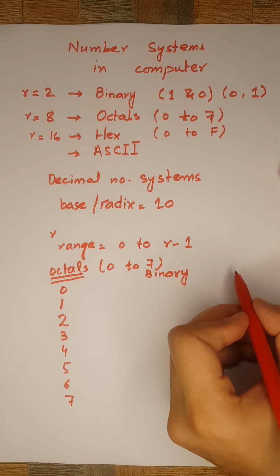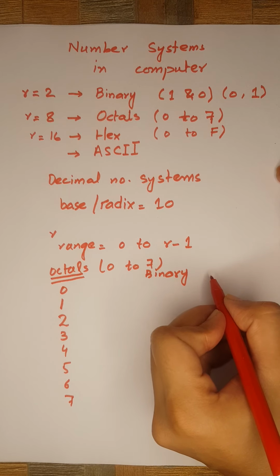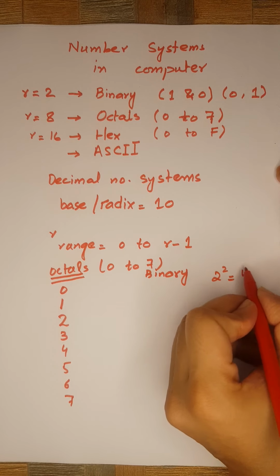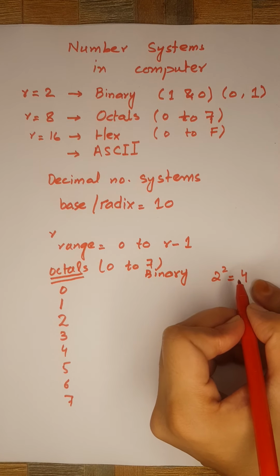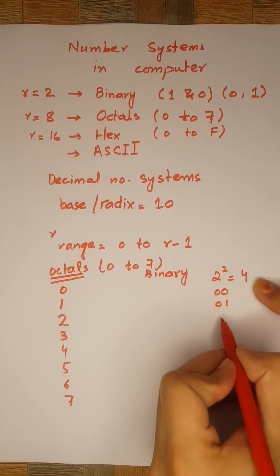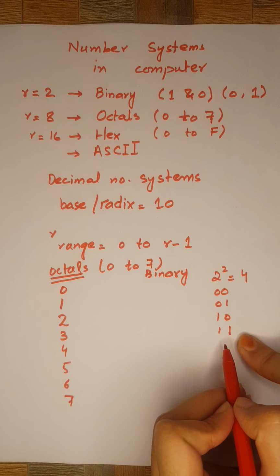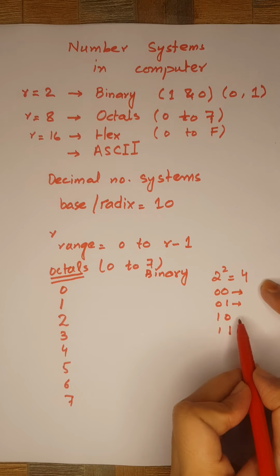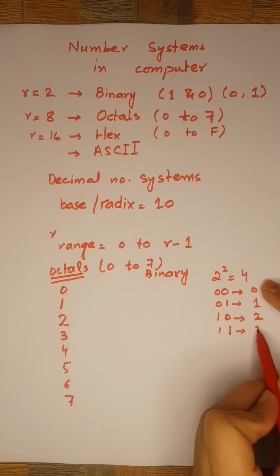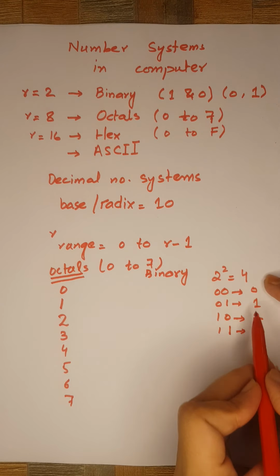If we use only 2 bits, then the numbers representable are 2 raised to power 2, which is equal to 4. So we can represent only 4 digits starting from 0 in 2 bits, that is 00, 01, 10 and 11. No other combination of 2 bits is available that has been missed. So this is equal to 0, this is 1, this is 2, and this is 3. When we have two bits, we have the range of integers from 0 to 3.